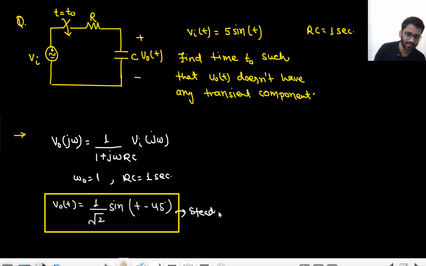At steady state. Now they are asking, when should I turn on the switch so that in my output there is no transient? When will there be no transient? What does this capacitor think? That my initial voltage should be 0, right?